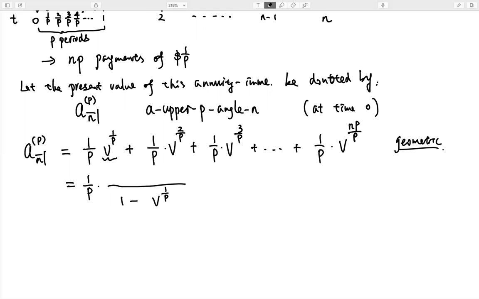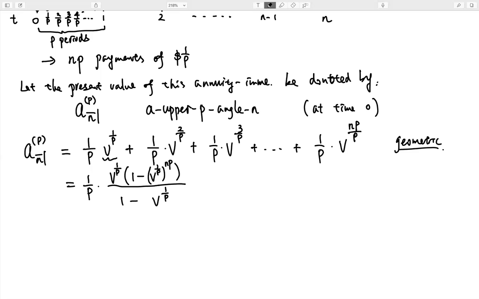For the numerator, it will be the first term, which is this one, times 1 minus the ratio raised to the power of the number of terms. We have from 1 to NP, so we have NP terms, right? That's from the summation of a geometric series. I have already mentioned multiple times that the only formula we actually need is the sum of a geometric series. Everything else is pretty much based on this simple result. You are supposed to know it from high school, actually.